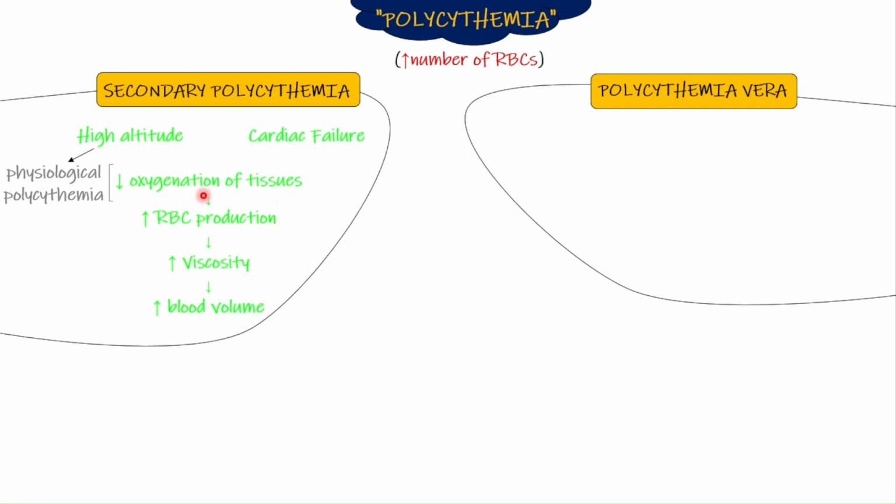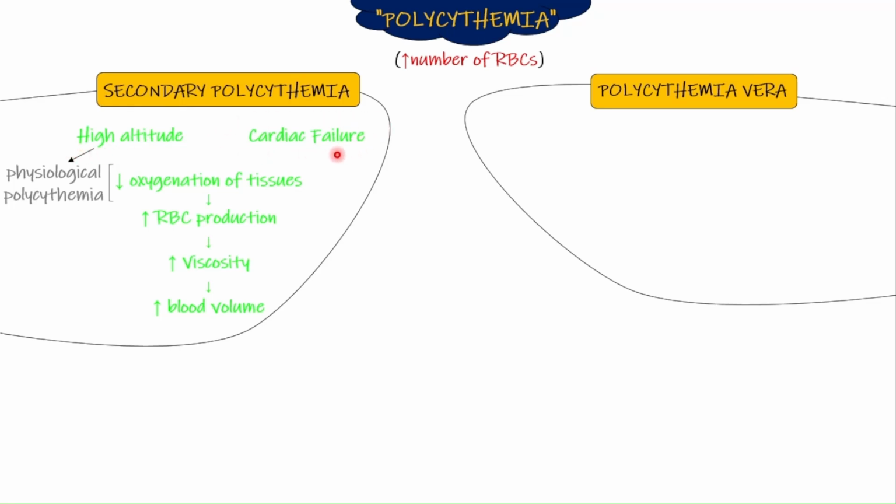Now, the body will respond to this decreased oxygenation of the tissues by increasing RBC production. As we have discussed with erythropoietin, what was the main stimulus for the production of erythropoietin? The main stimulus was hypoxia. So whenever there is decreased oxygenation of the tissues due to any cause, because the person is breathing high altitude air, or because of cardiac failure.